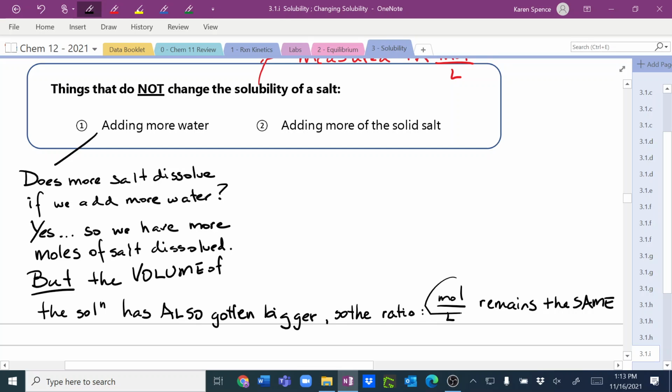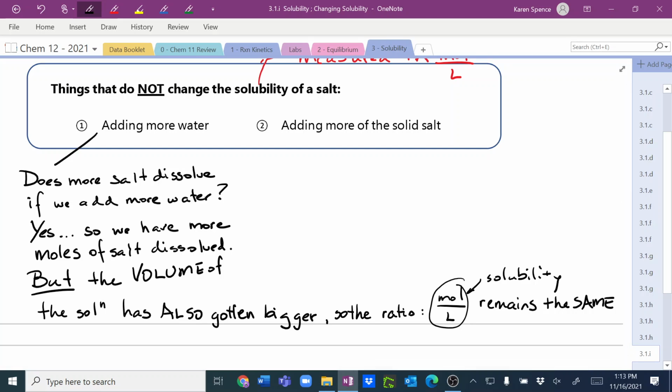And the moles per liter is the solubility. So the solubility remains the same.